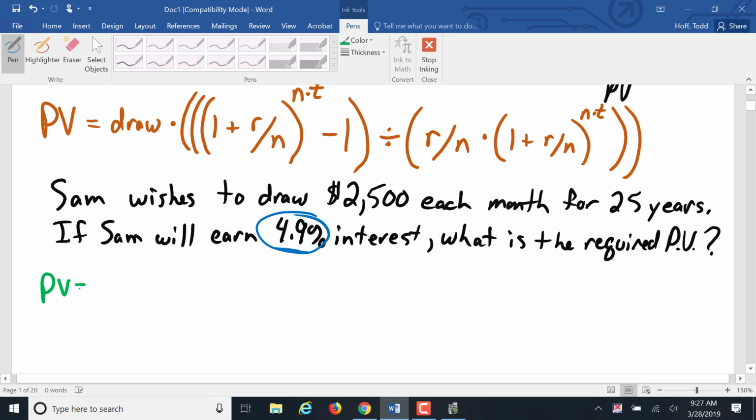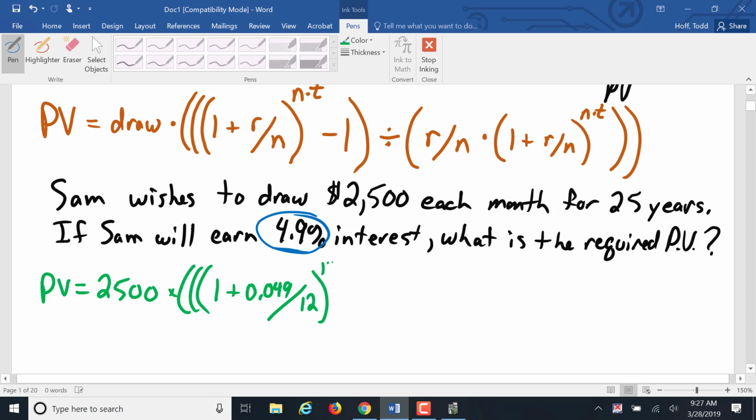So our present value is going to equal our monthly draw of $2,500 times 3 open parentheses, 1 plus 4.9%, so that's 0.049 as a decimal. It is monthly, so divided by 12.